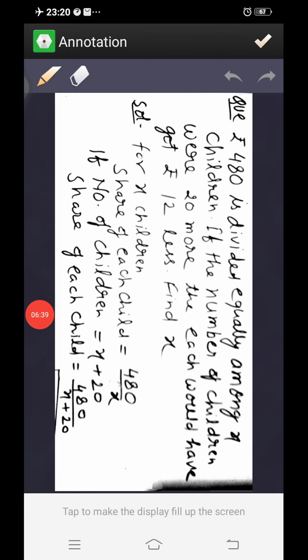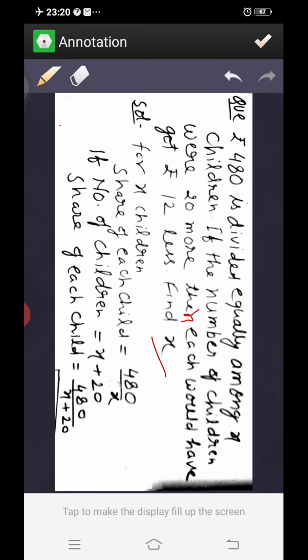Take one more question here. Rupees 480 is divided equally among x children. If the number of children were 20 more, then each would have got rupees 12 less. Find x.